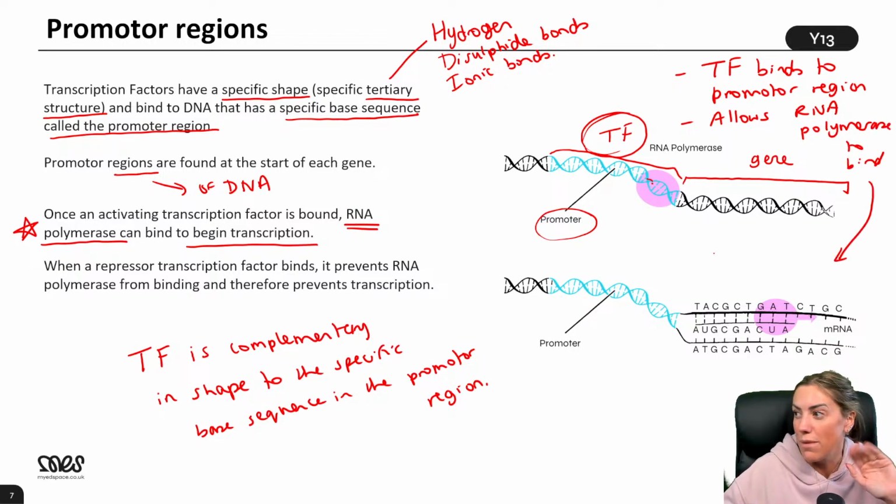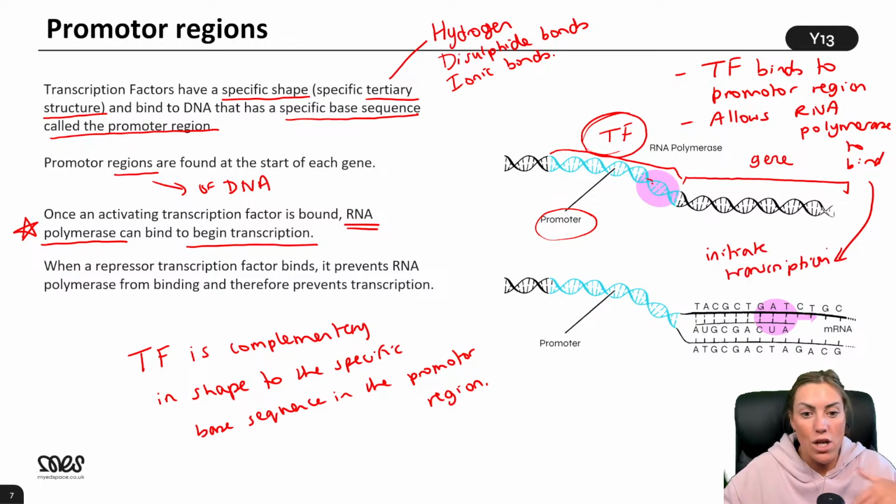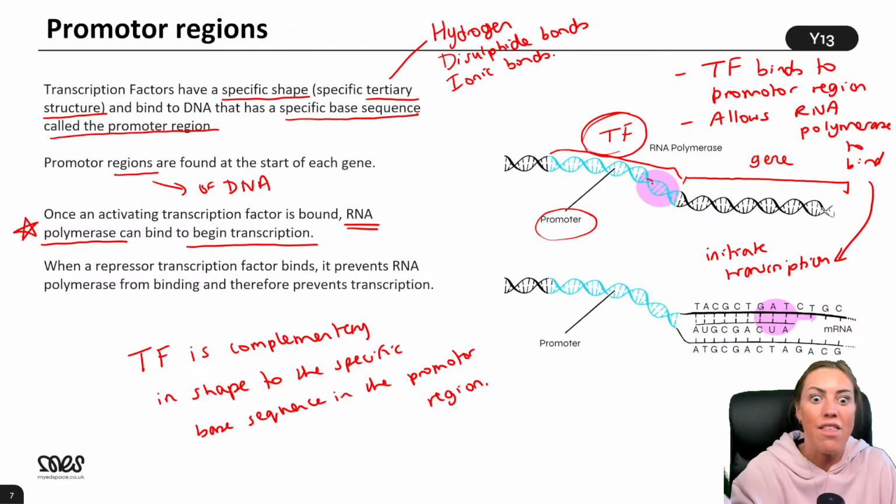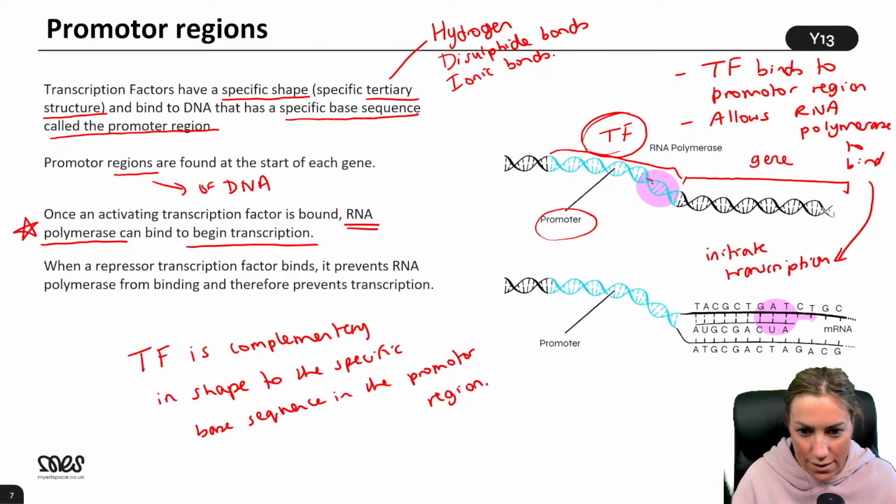And this is ultimately going to initiate transcription. So we've switched on gene expression. Can you see that? This is an activating transcription factor. If it binds to the promoter region, then RNA polymerase can bind, then it can cause transcription, then we're going to make that protein.